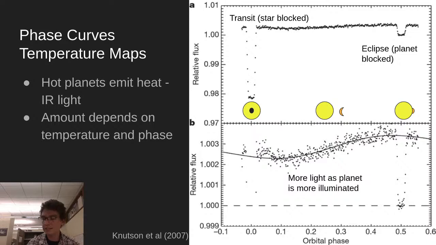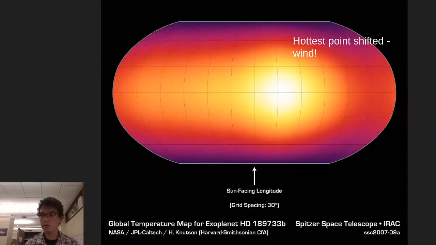And so if we look at the shape of this curve and how big this curve is overall, that can tell us about how hot a planet is. And so this was first done in 2007 using Spitzer Space Telescope data for the hot Jupiter HD 189733b, because astronomers have terribly uncreative names, and it will only get worse from here, I promise.